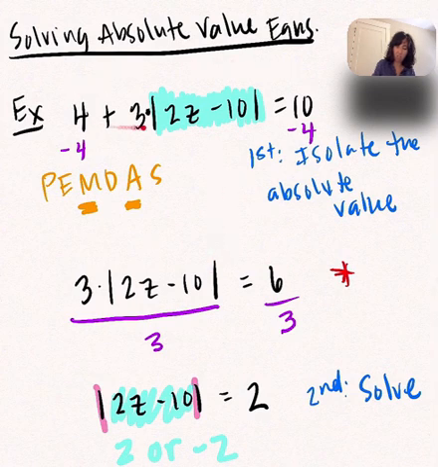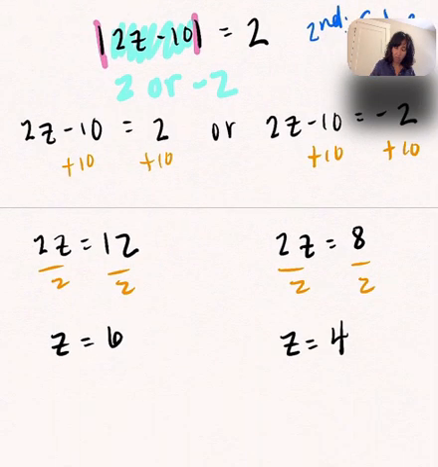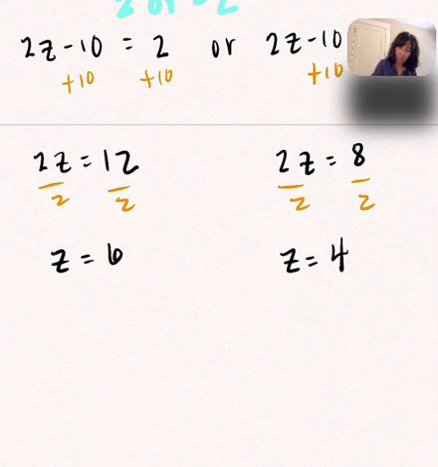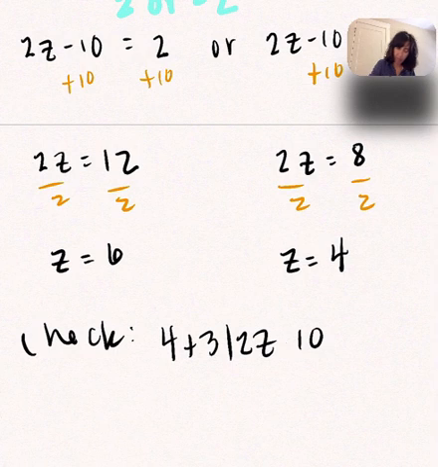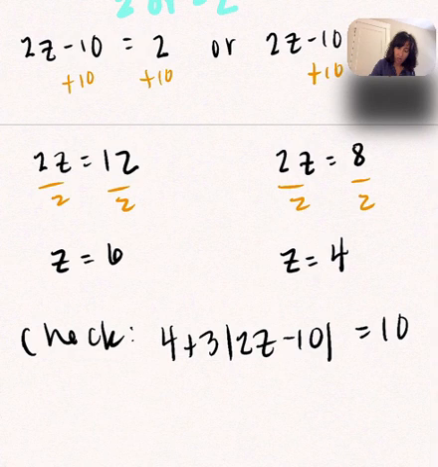So our original equation was 4 plus 3 absolute value of 2z minus 10 equals 10. And then you can check your answers by plugging them in to that.